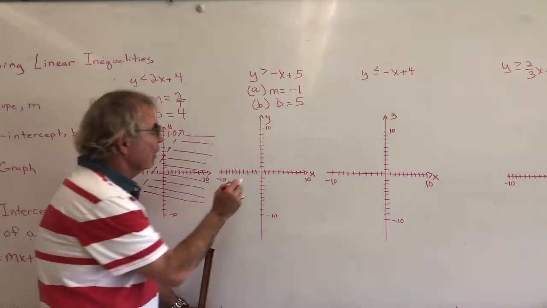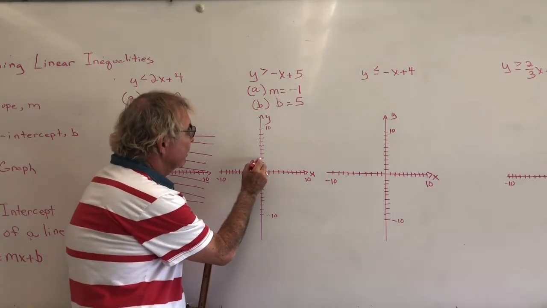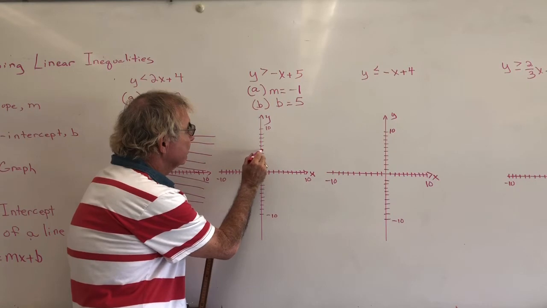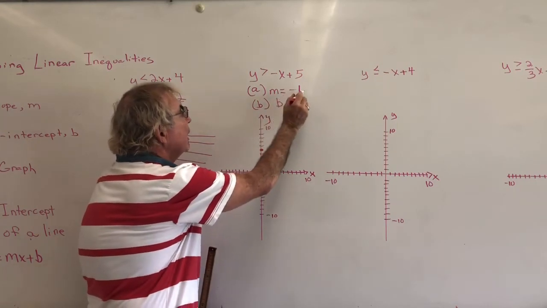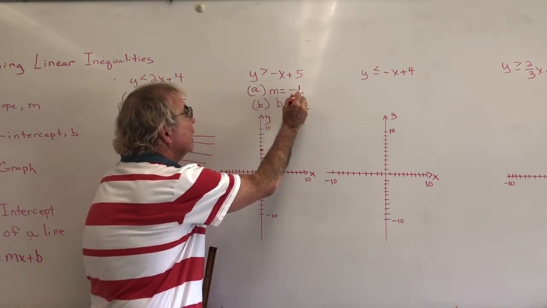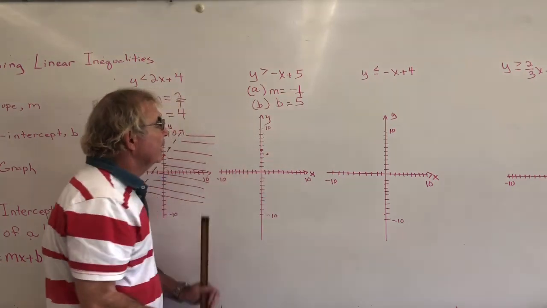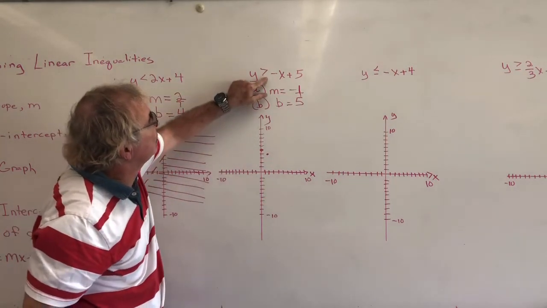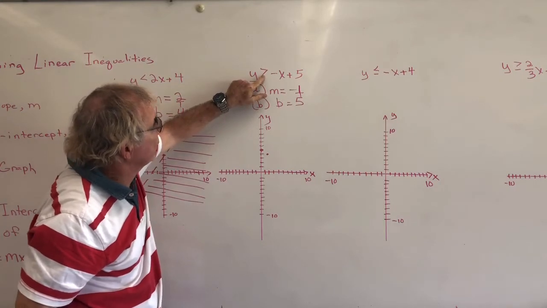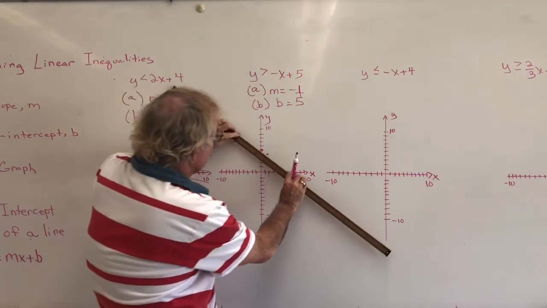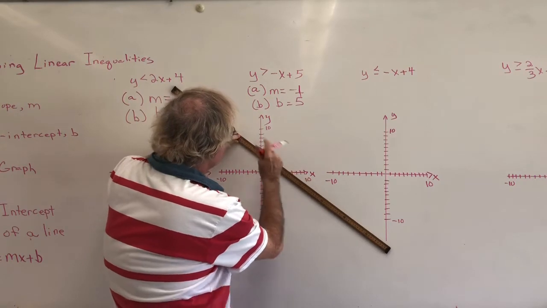So we go to our y-intercept of 5, put a dot, go down 1 and over 1, put another dot, and then ask yourself, is it equal to? No, it's strictly greater than. So you draw a broken line.